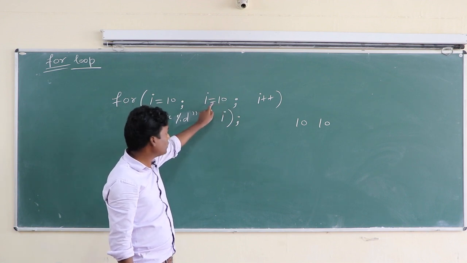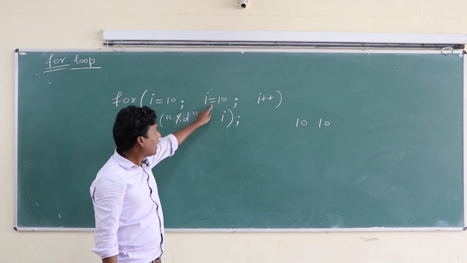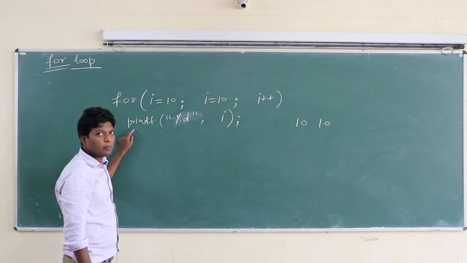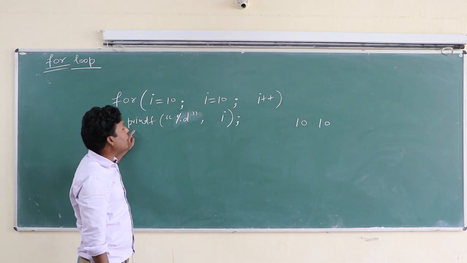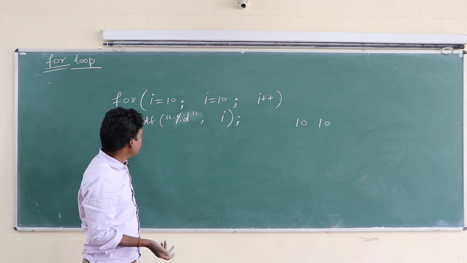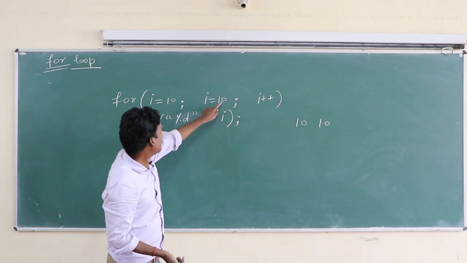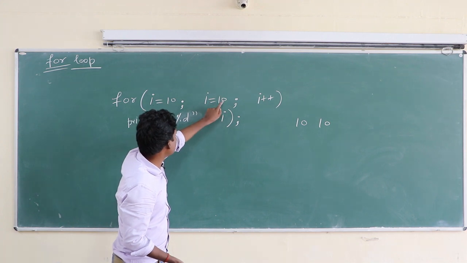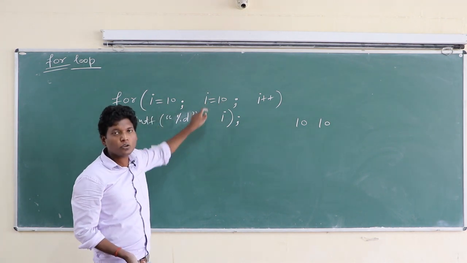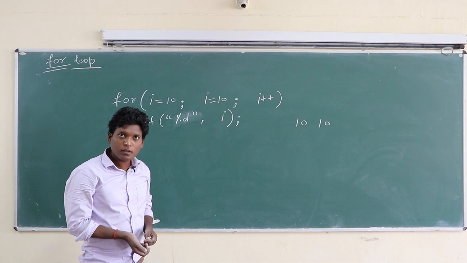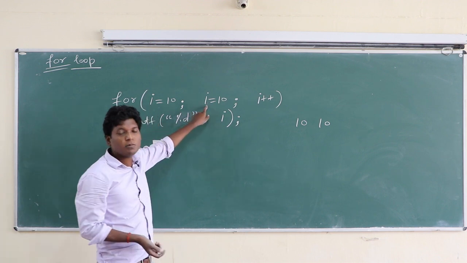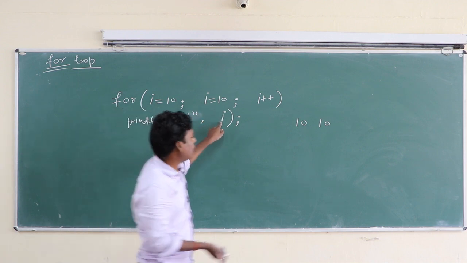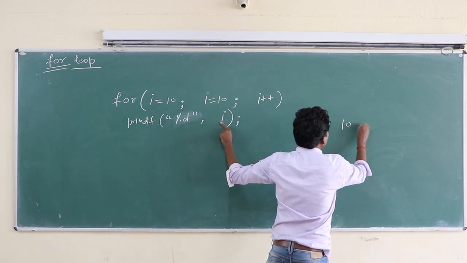I plus plus works in the last of the loop, so I becomes 11, but when you check the condition, 10 is assigned to I again. So I has value 10, non-zero, the condition is true, and I is printed. Again the value is 10.